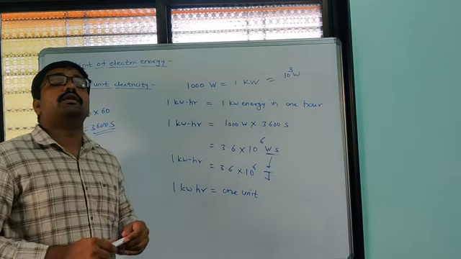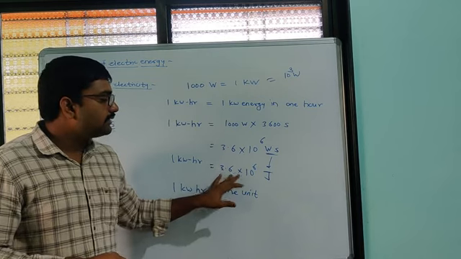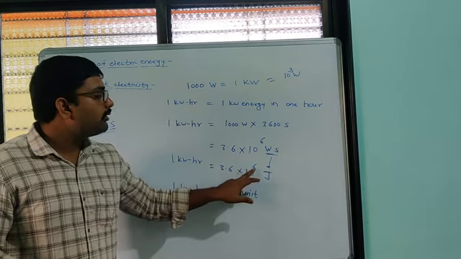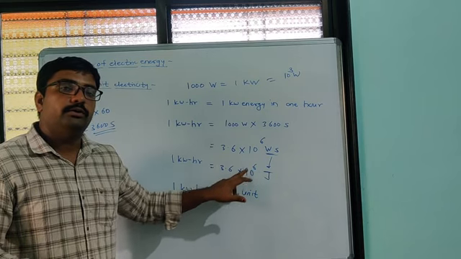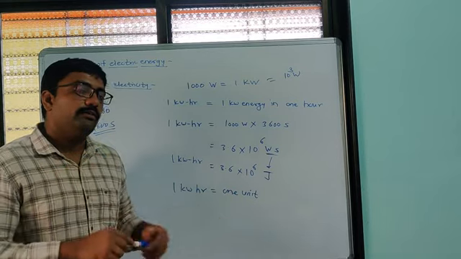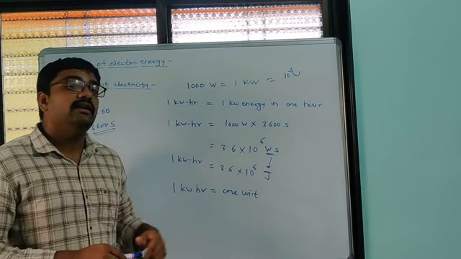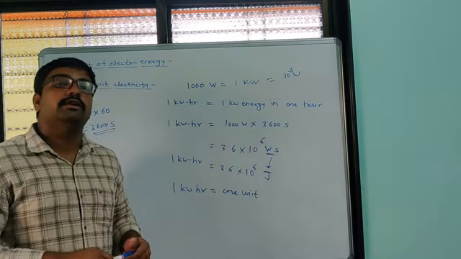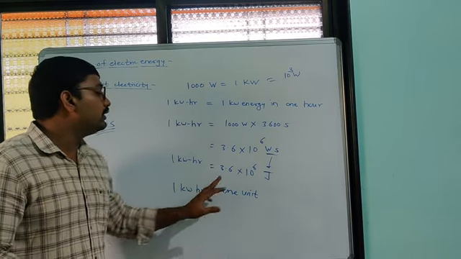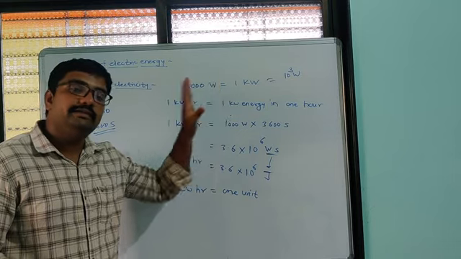This value is also asked in many competitive examinations. Only the power will change there: 10 raised to 4, 10 raised to 3, 10 raised to 7, 10 raised to 6. So you have to remember 3.6 into 10 raised to 6 joule is nothing but the 1 kilowatt hour, and 1 kilowatt hour is nothing but the 1 unit of electricity.